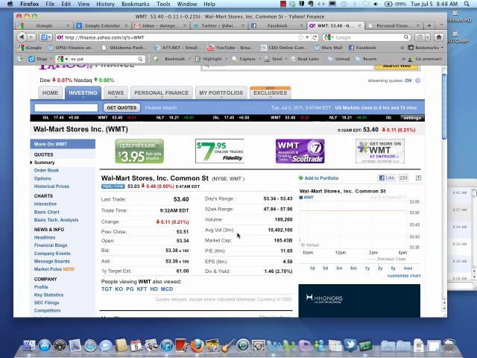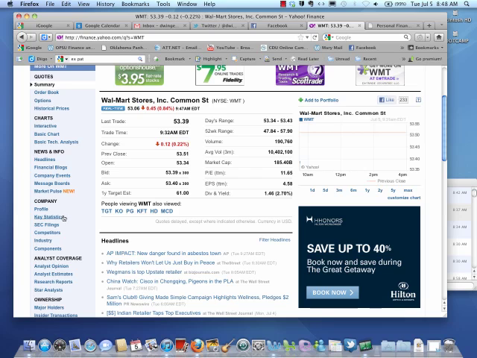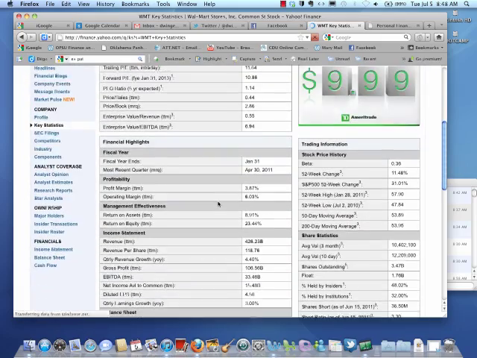Is this a large or mid cap? Look in your text. You'll find that this is a large cap stock. Earnings per share, EPS, is $4.58 per share. Net profit margin. We're probably going to have to go to key statistics to find that. Here we go.